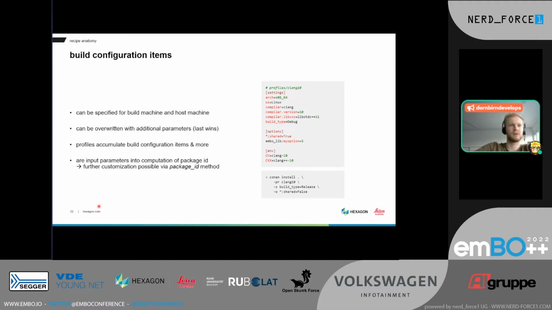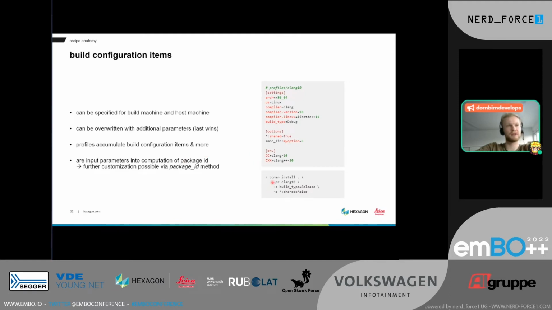For example, you have an accumulation of settings and options, and for this case also environments, and you can put them all into one file and then refer to this one to be applied, which here would be this profile clang 10.